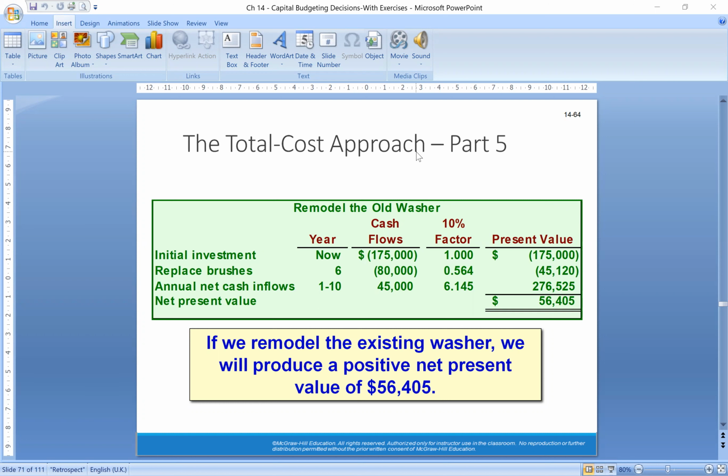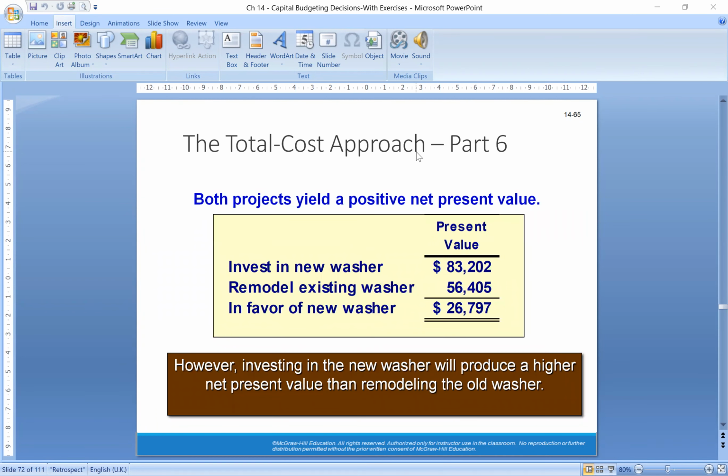Now you have two net present values for two projects. What is your decision? To choose the bigger, right? The higher net present value. So both projects have positive net present value, but we have to choose the higher one.